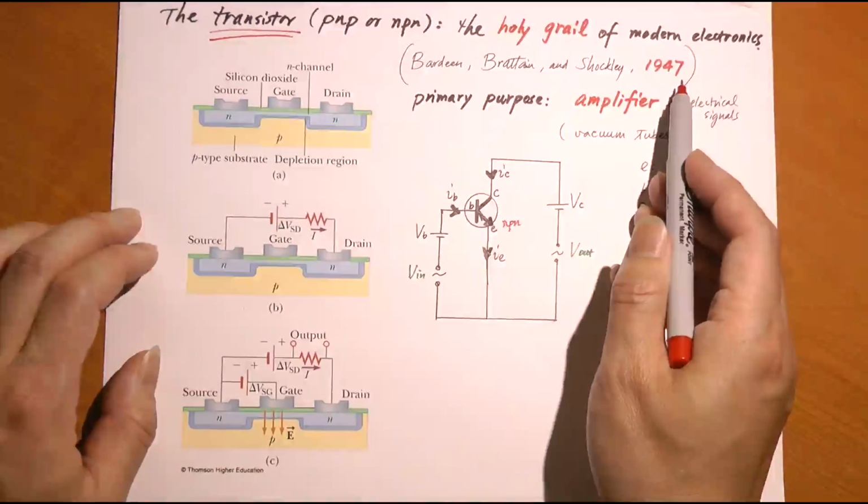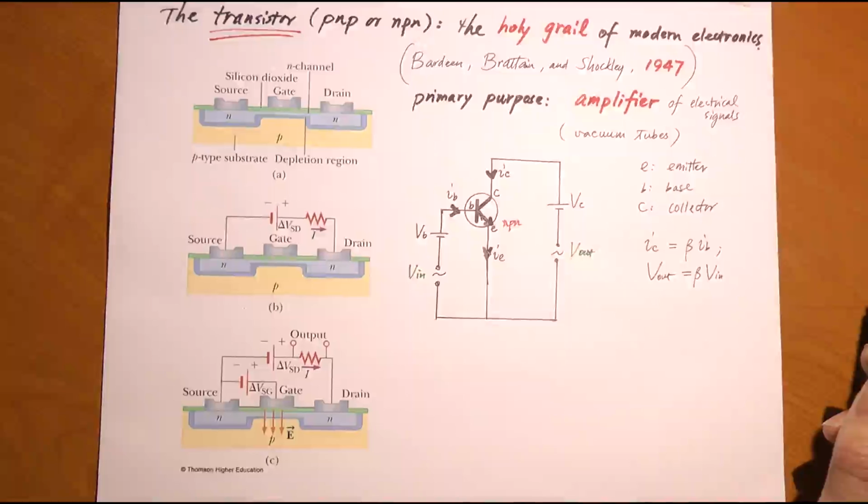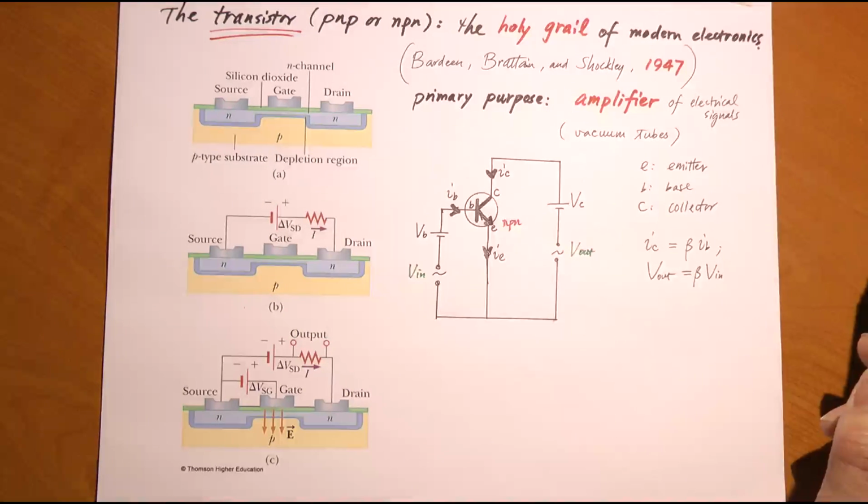The transistor revolutionized the entire electronics industry and the entire computer industry. And it is the holy grail of modern electronics. Extremely important. The primary purpose of a transistor is to produce amplification of electronic signals.